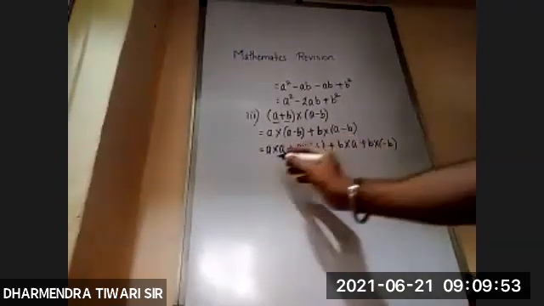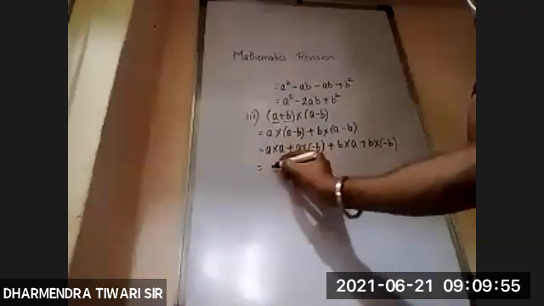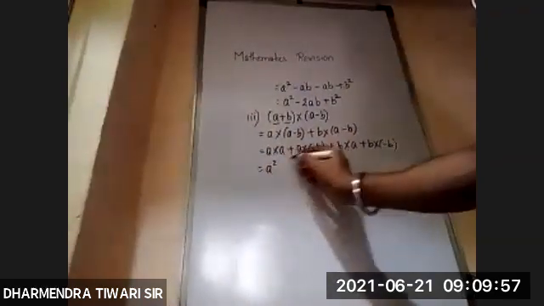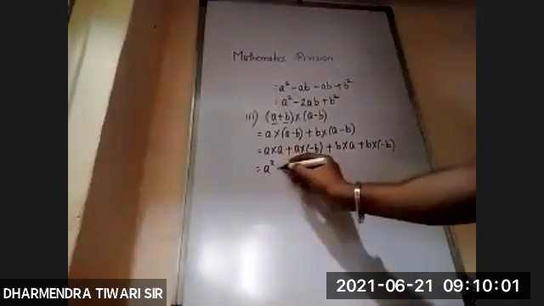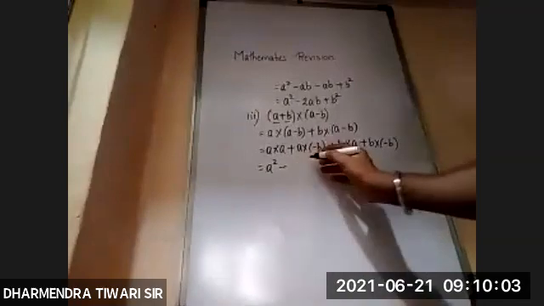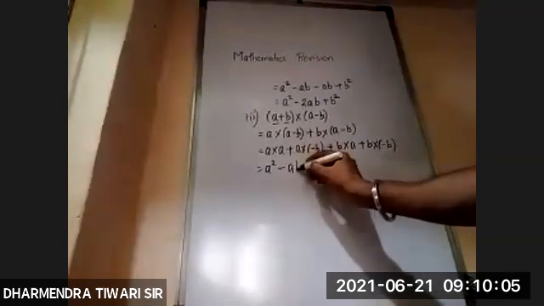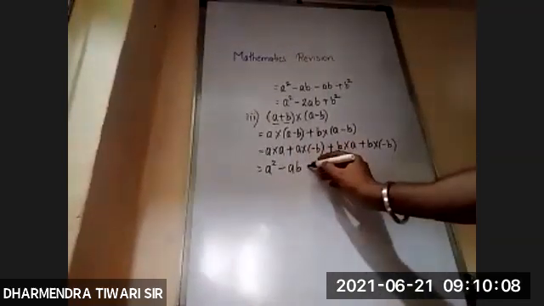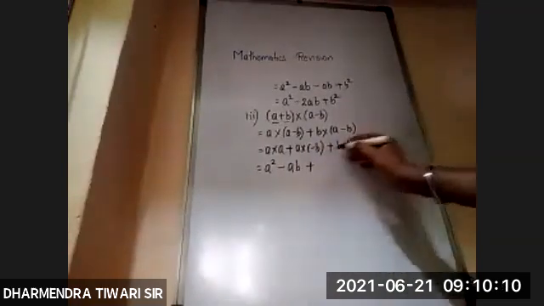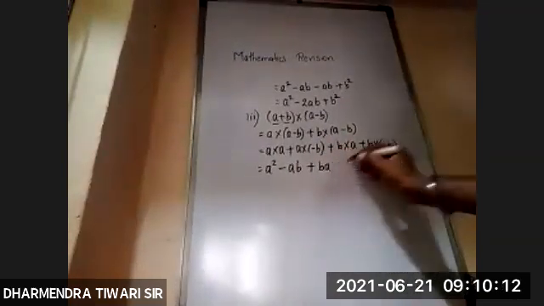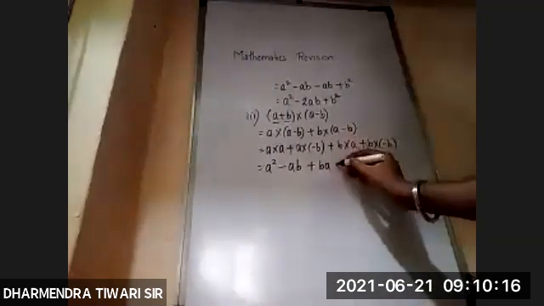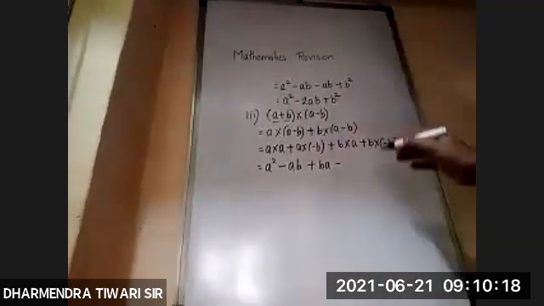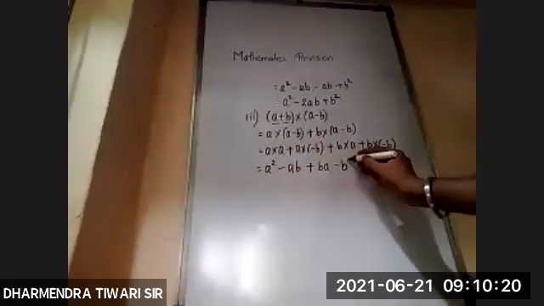So a into a is a square, plus into minus is minus, a into b is ab, plus b into a is ba, plus into minus is minus, b into b is b square.